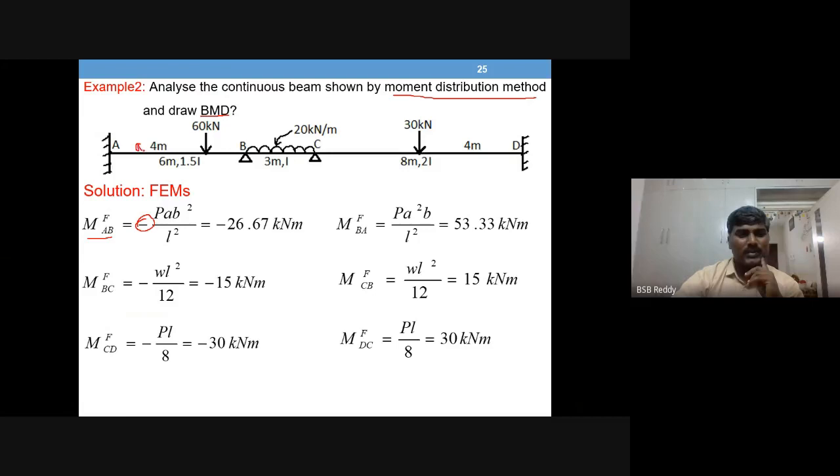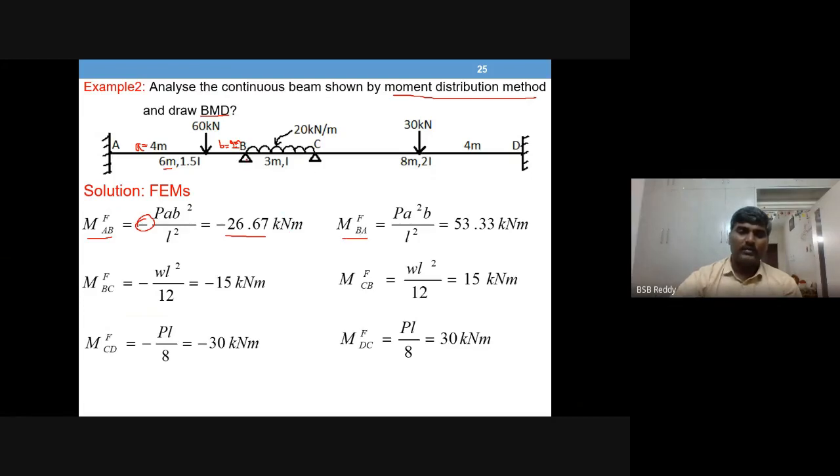This is a, and b is equal to the remaining span, 2 meters. So P is 60 kilonewton, a is 4 meters, b is 2 square, divided by L, which is 6 square. So that comes to around minus 26.667 kilonewton meter.